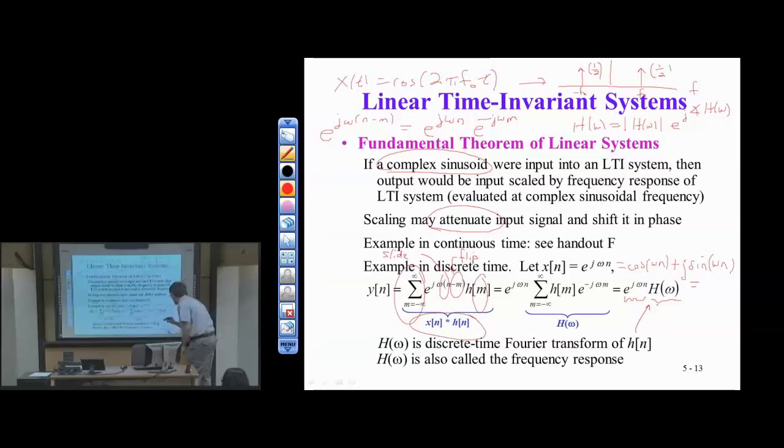So in other words, if I combine all this, I get the magnitude of H times e to the j omega n, plus j times the phase function. Let me erase the extra term here.